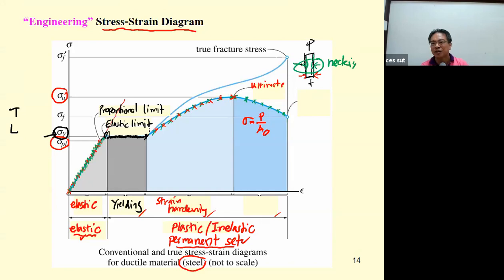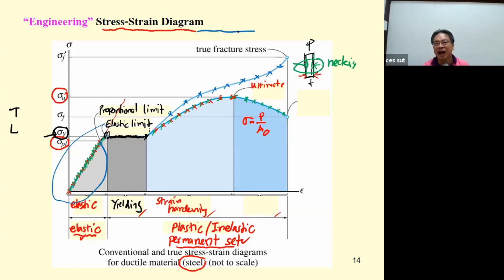If you prefer, during the test when necking occurs, you can measure the real section. When you measure the real section, the graph will follow this curve. This is going to be the true stress strain curve, a little bit larger. Anyway, since we consider only this portion, we make things more simple.